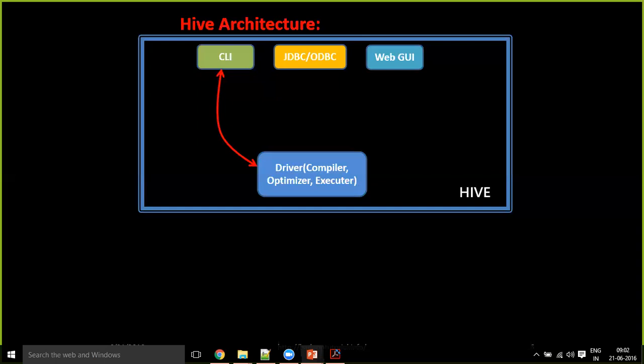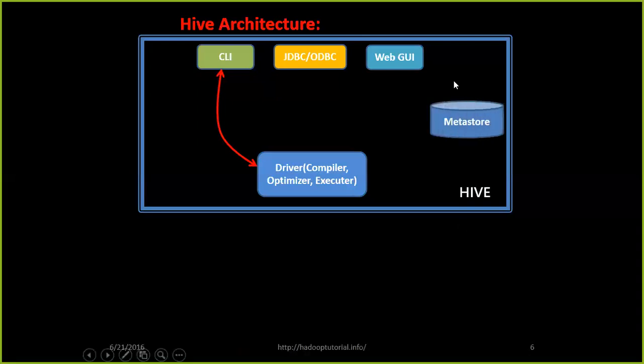The compiler compiles your SQL commands and checks for syntax errors. If there are no syntax errors, it compiles them properly. Then the optimizer finds the best optimized way to execute them. And then the executor converts them into MapReduce tasks, and they get submitted to your Yarn resource manager. From there onwards, it's just another typical MapReduce job.